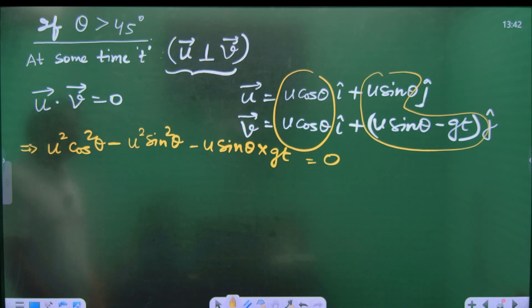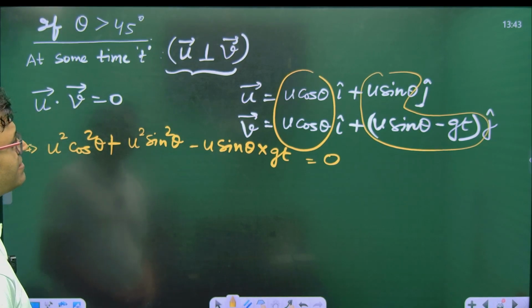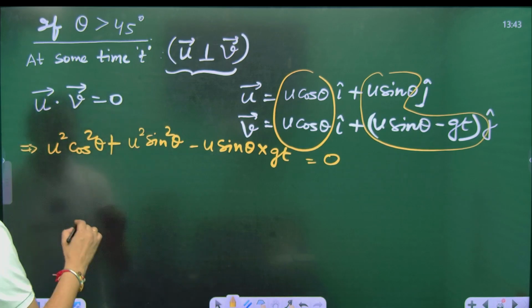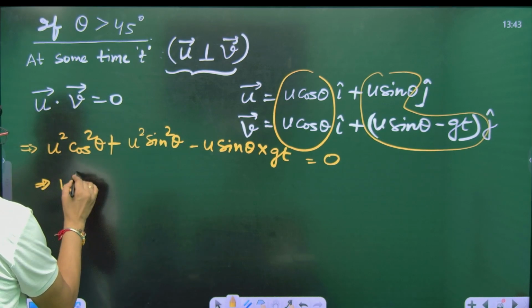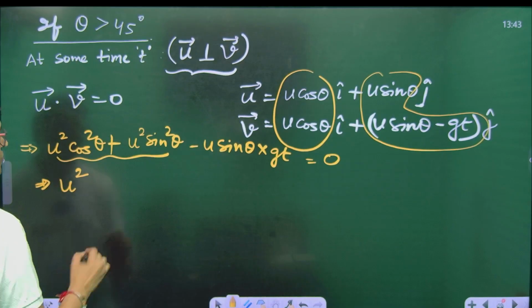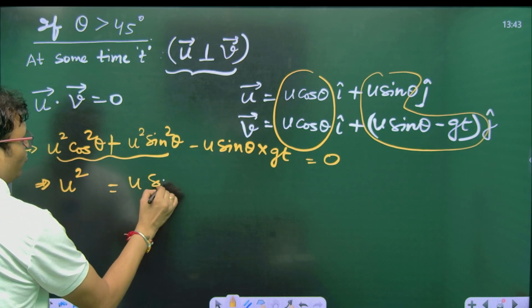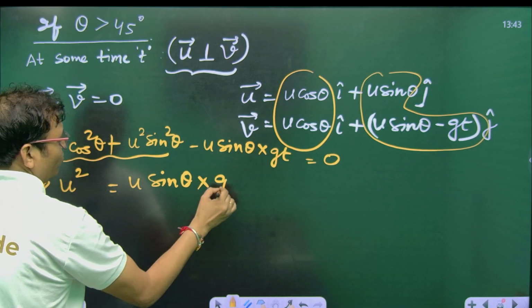So u square cos square theta plus u square sin square theta minus u sin theta gt is equal to 0. So it will be u square, cos square theta plus sin square theta is 1, is equal to u sin theta into gt.